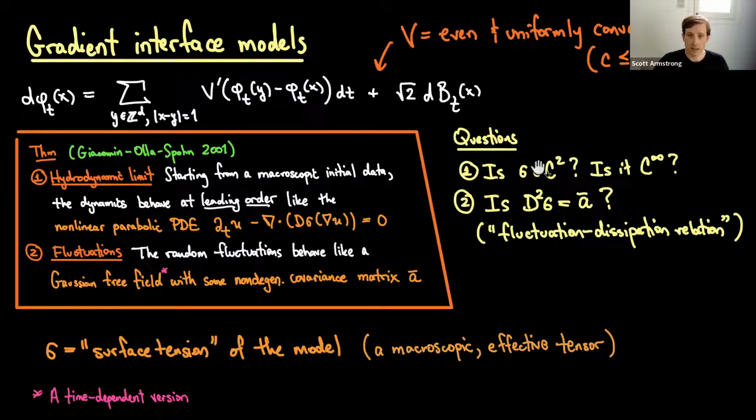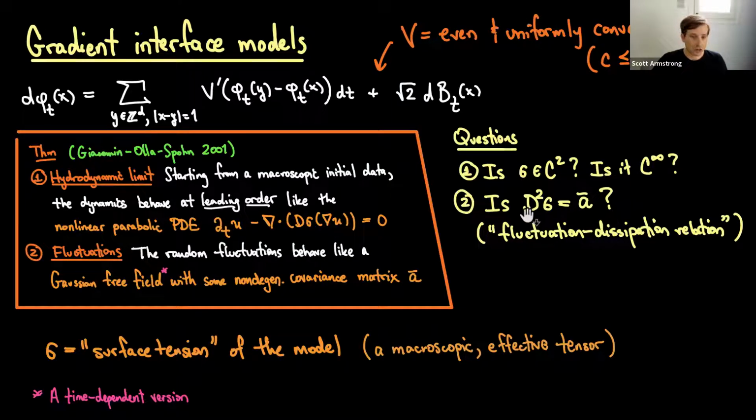And so some questions you may ask are: is sigma C^2? Which is important if you look at the parabolic equation. You won't have classical solutions unless sigma is C^2, probably C^{2,alpha}. And if sigma is not C^2, then you won't get a good rate of convergence in the hydrodynamic limit for your numerical method, and the solutions are not going to be so regular.